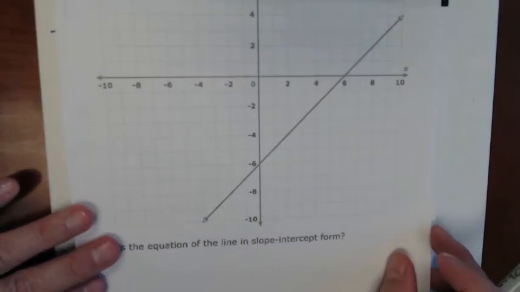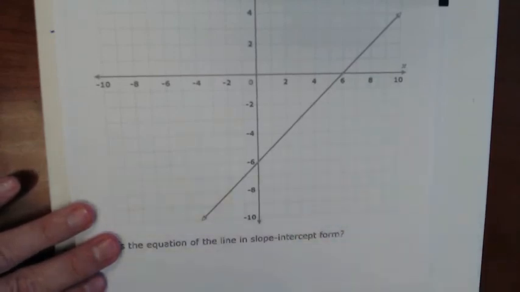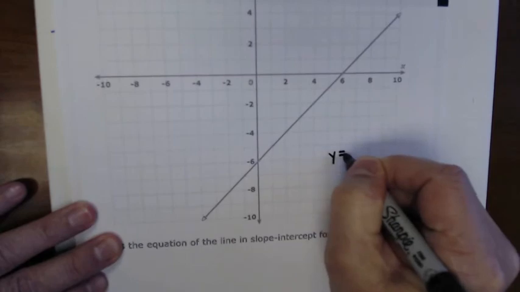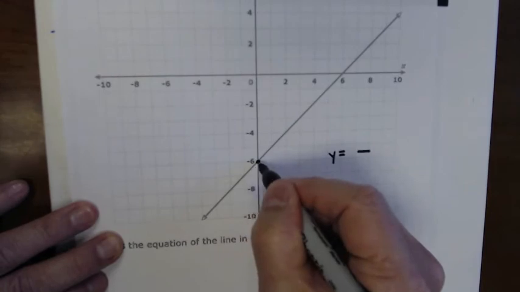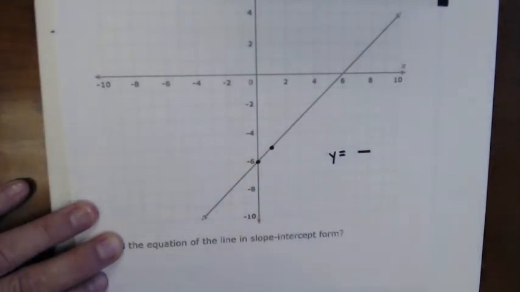Example number 4. Example number 4, they want us to write the equation of this line in slope-intercept form. That means starting off with y is equal to. And I'm going to go ahead and make a division bar because this is where my slope is going to be. To figure out the slope, I need to find some points and start counting. There's a point right here, and there's a point right here.